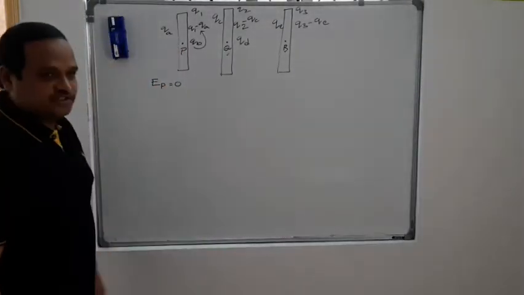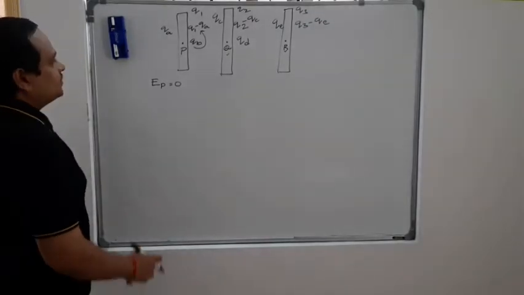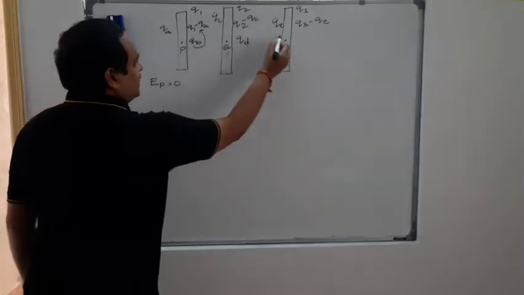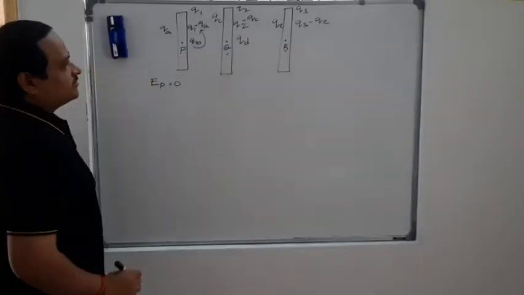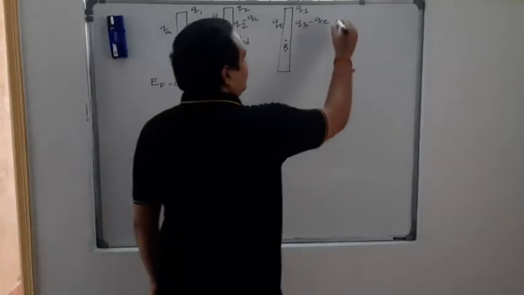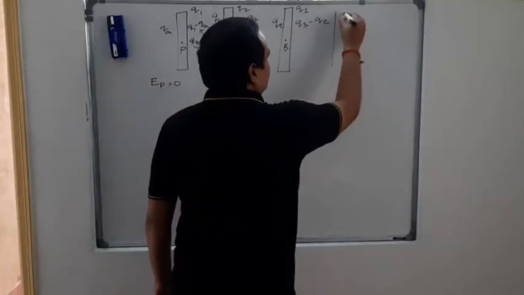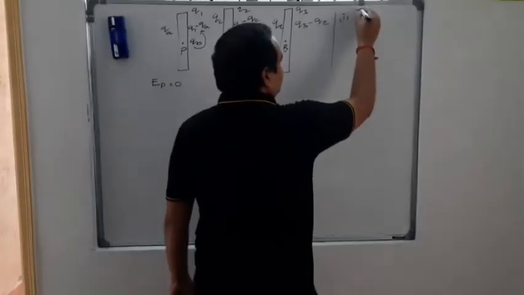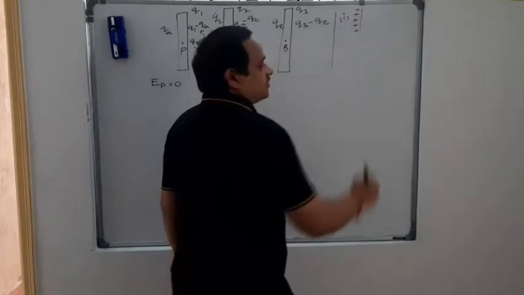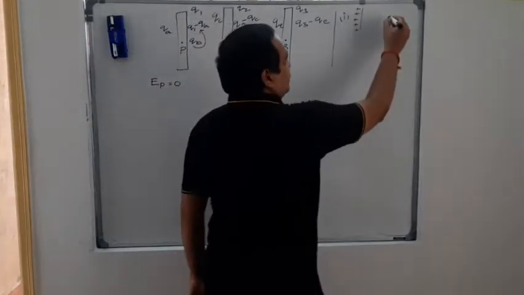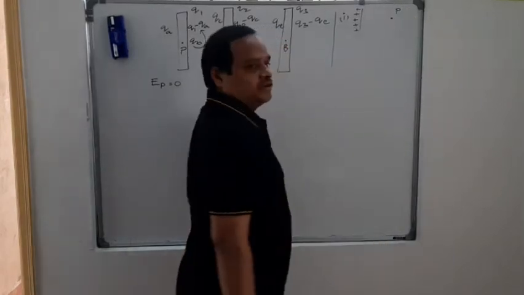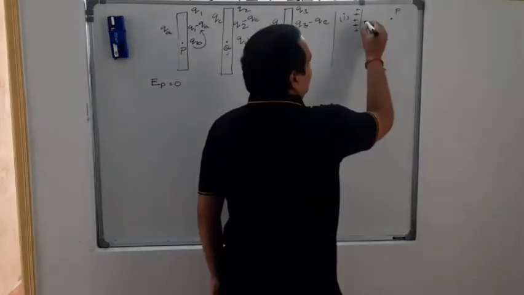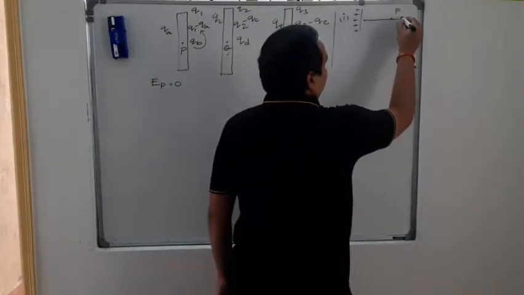Let us write my condition. Electric field at point P is 0. So to write the electric field due to all these plates at this point P, I am going to assume two conditions. The first condition is, for a positive charged plate, the direction of electric field at a point P will always be away from it.